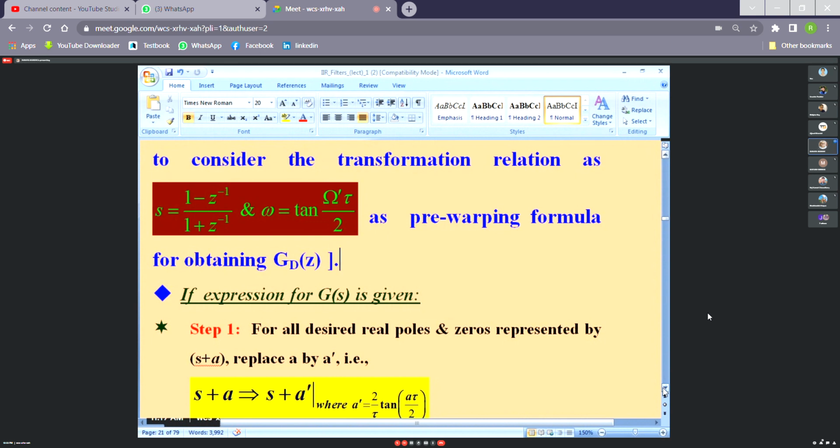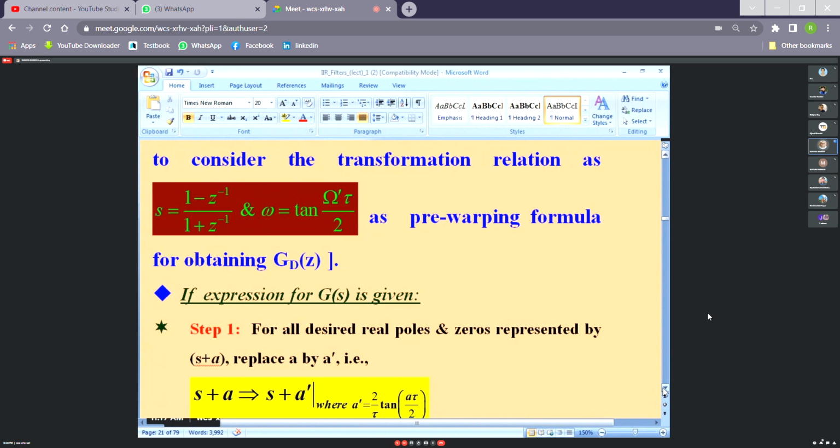Instead, the problem may come up in this way also, that a particular analog filter transfer function G(s) may be available to you, and you may be required to obtain the equivalent digital filter transfer function by bilinear transformation.